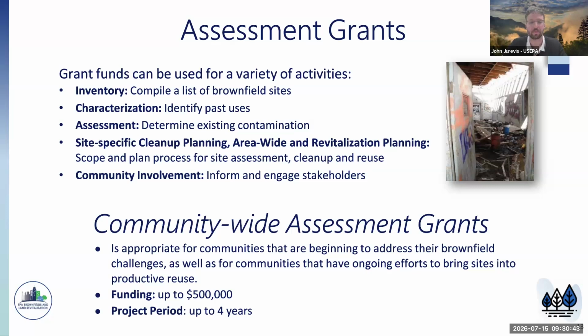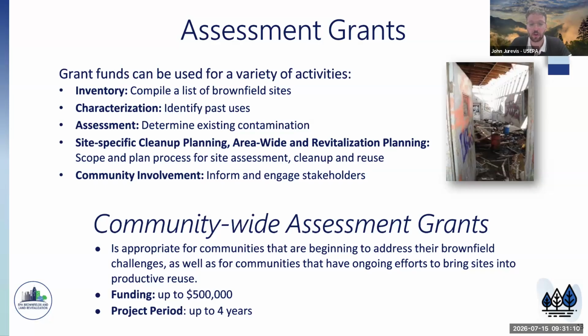small changes. So the first type of grants are assessment grants. As I mentioned, there's 3 different types: community-wide assessment grants, assessment coalitions, and then our community-wide assessment grants for states and tribes. These are very versatile grants. They're great for getting out there and figuring out what issues you have, if any, at your sites, what barriers you have to redevelopment.